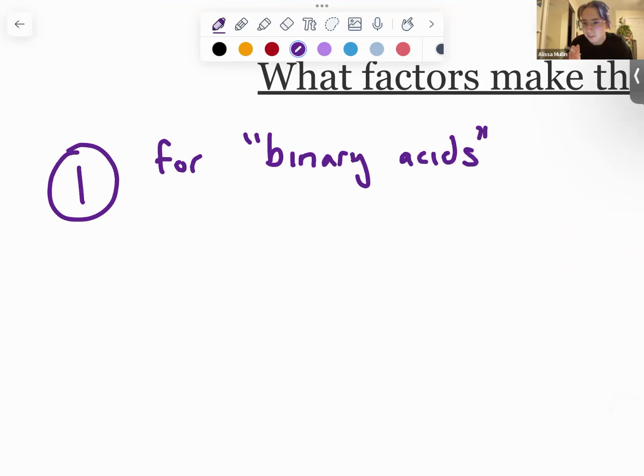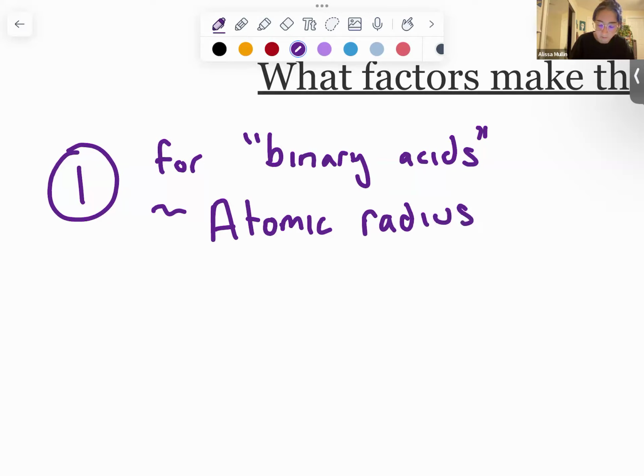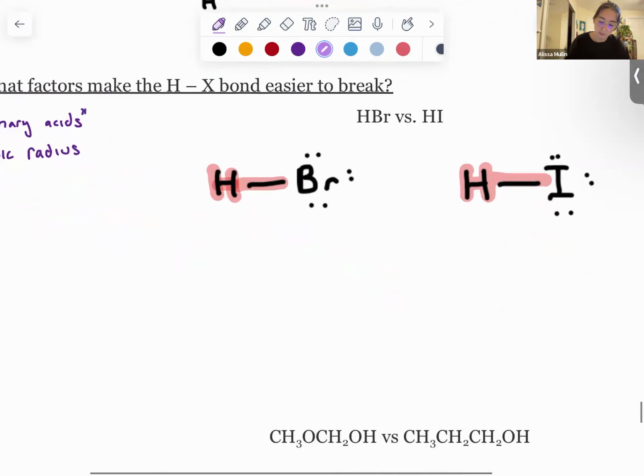So just for these specifically, the factor that we really want to consider is atomic size.